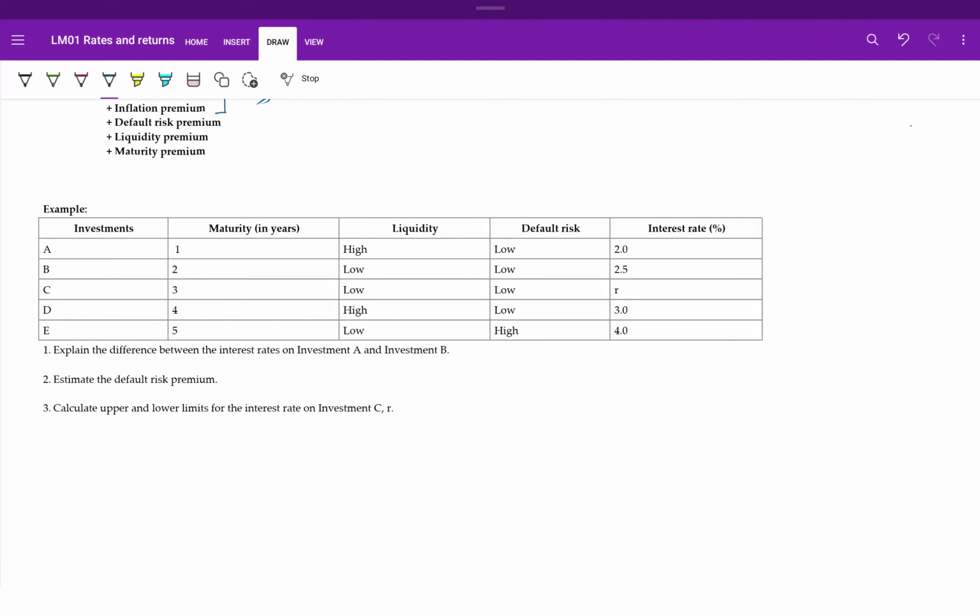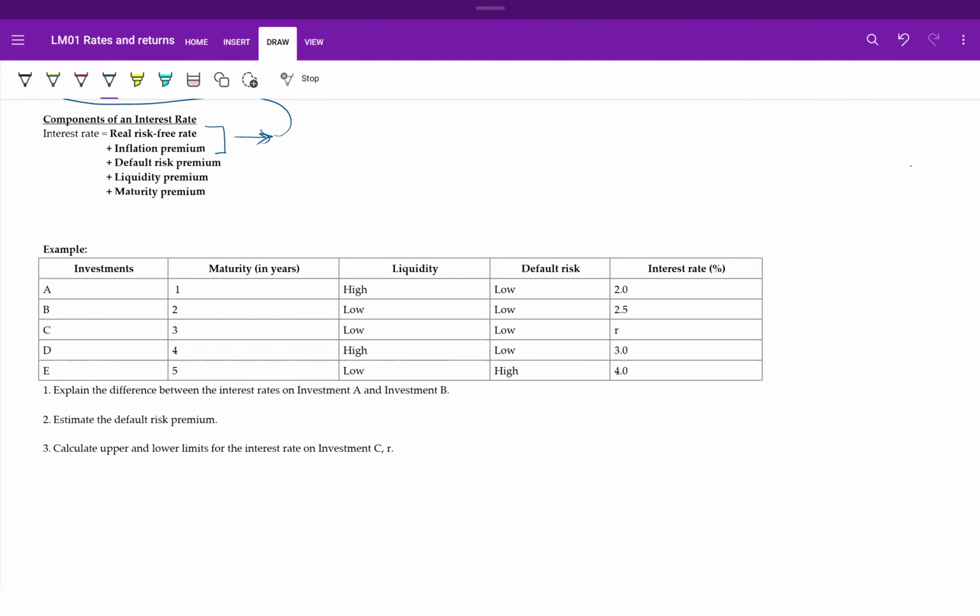Here the maturity is increasing, the maturity premium will increase. Here the liquidity is high, and here the liquidity is low. So there is going to be a high liquidity premium here, because the liquidity is low.